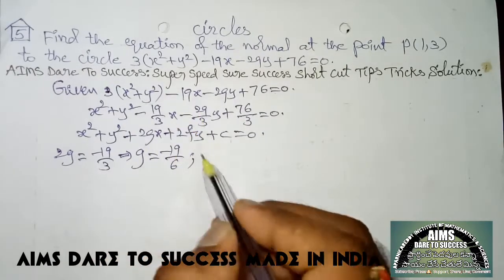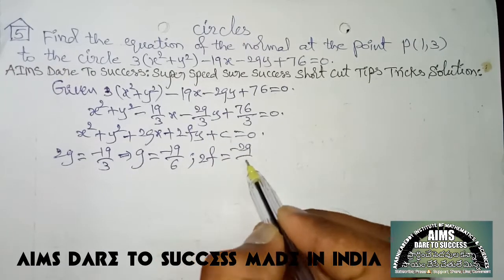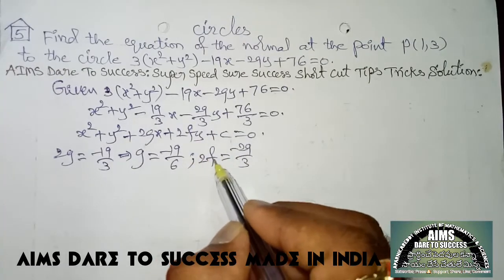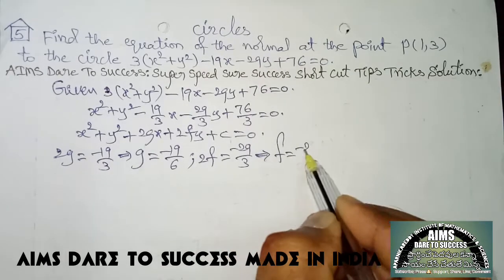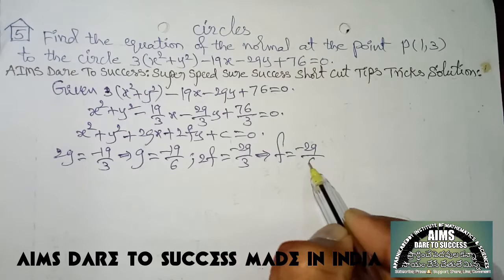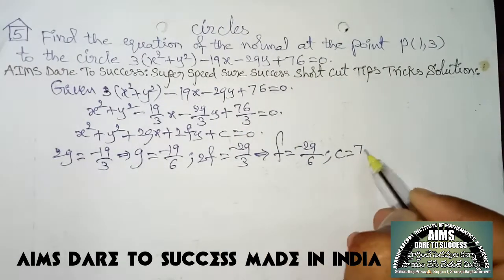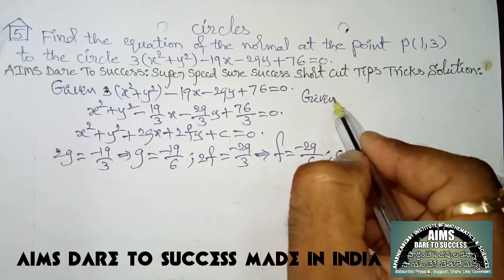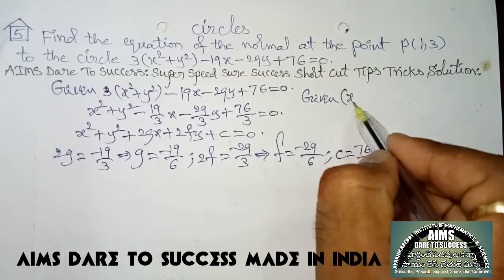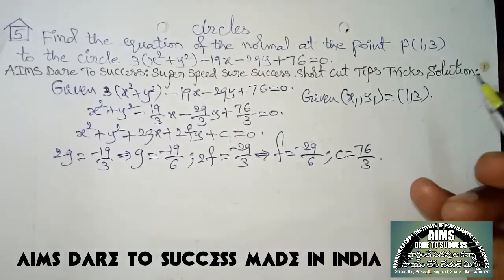Next, comparing the y coefficient, 2f is equal to minus 29 by 3. Here 2 is multiplying with f, coming to this side it is dividing, we get f is equal to minus 29 by 3 into 2, that is 6. And at the last the constant term c is equal to 76 by 3. And I wanted to write the given point x1 comma y1 is equal to 1 comma 3.